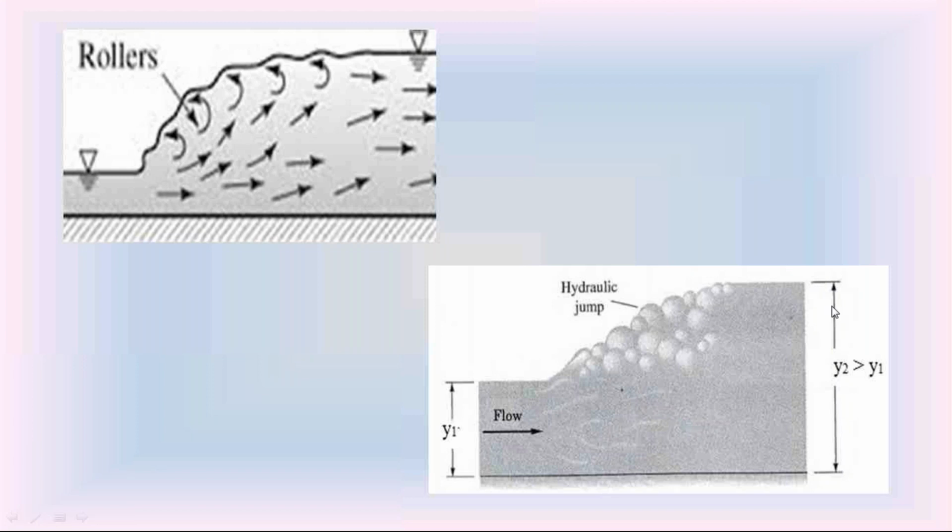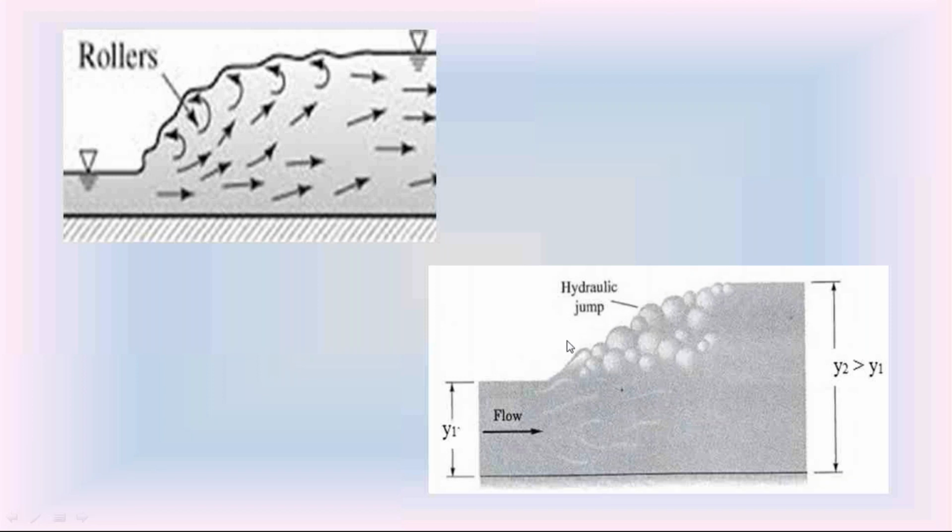This depth of flow Y2 is greater than critical depth Yc. So in this portion, the water flow is in subcritical condition. So at the bottom of the spillway, the water flow is changing rapidly from supercritical condition to subcritical condition. Due to that, we have this formation of disturbance known as the hydraulic jump.